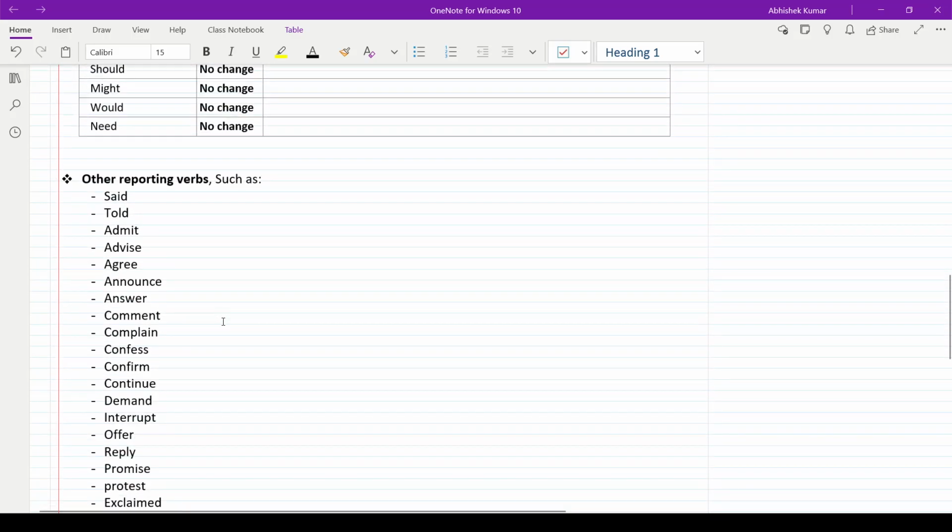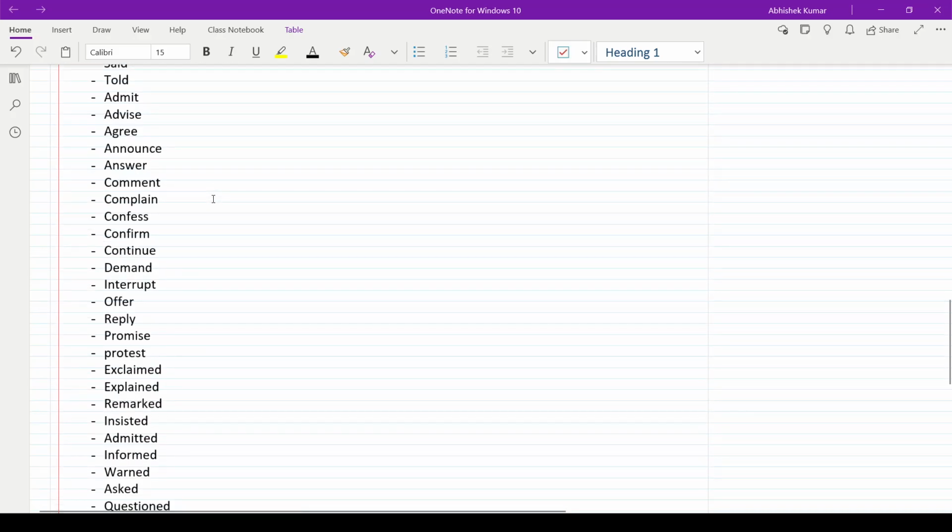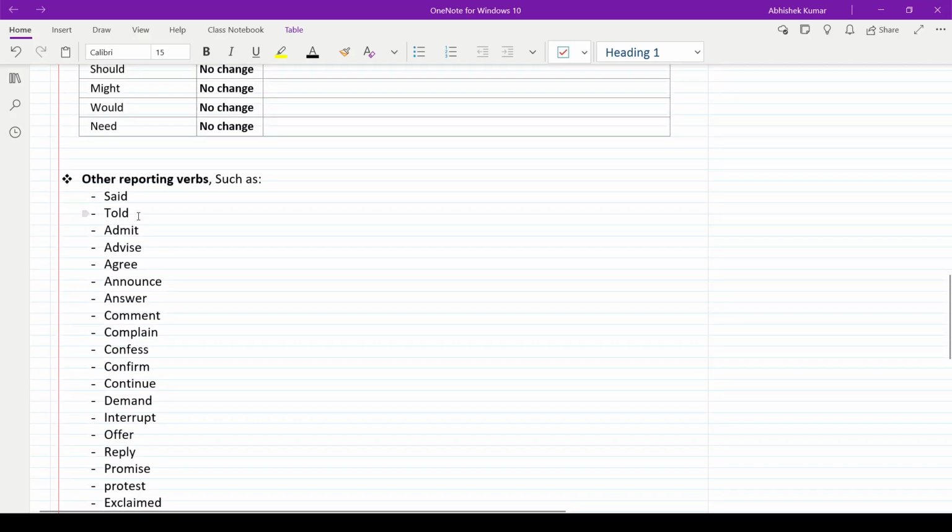Now there are reporting verbs which are very common, such as said, told.